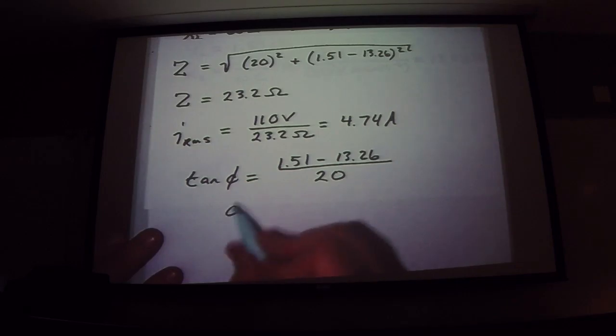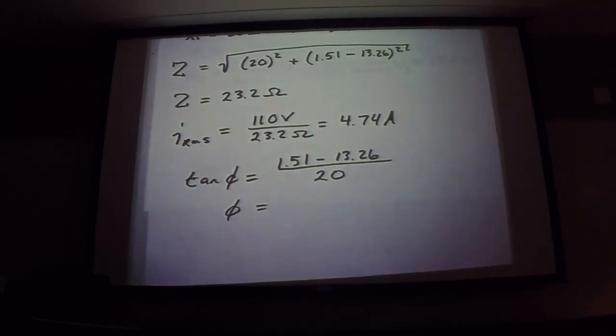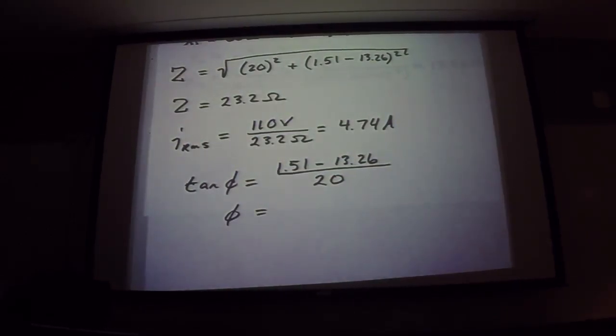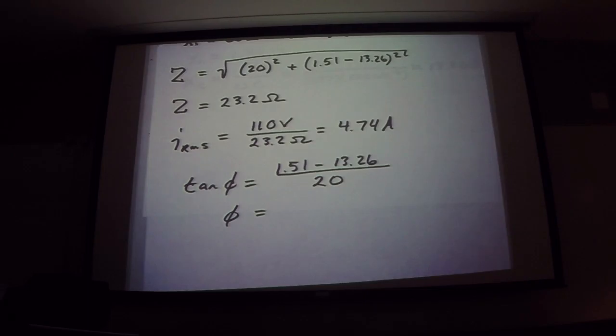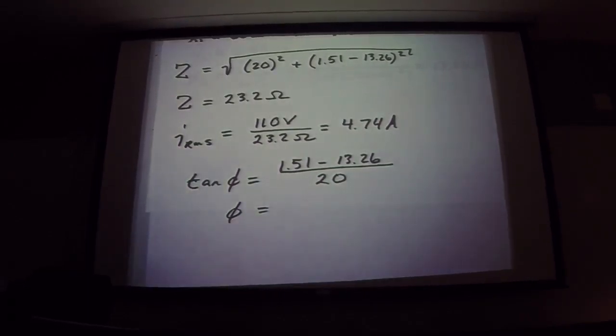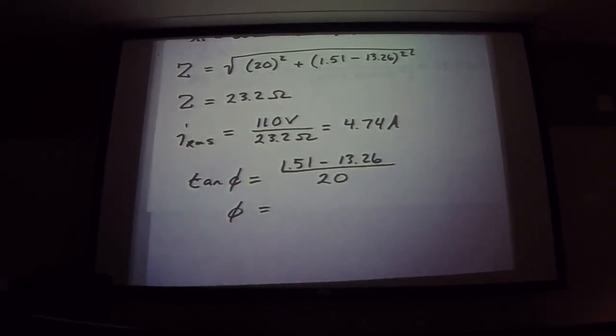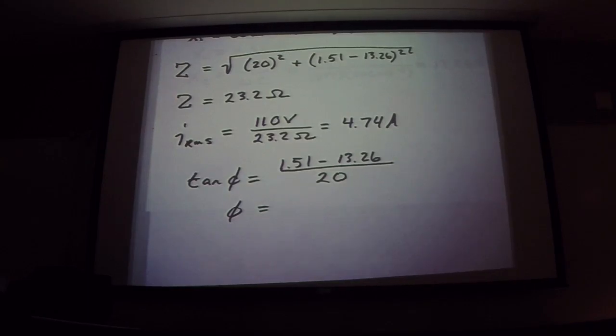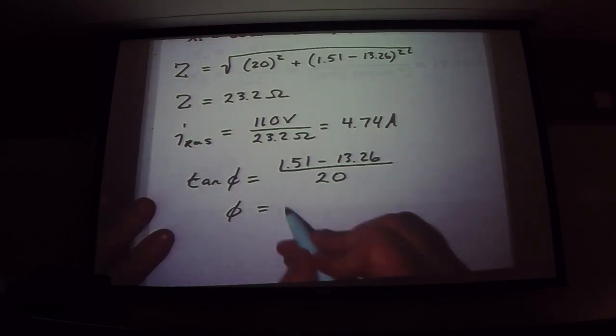So somebody calculate that number, take the inverse tangent, and tell me what you get. Negative 30.43. Okay, negative 30.43.